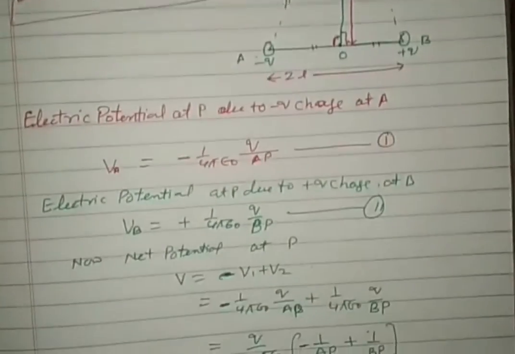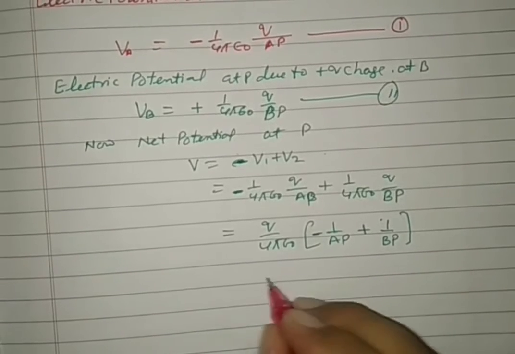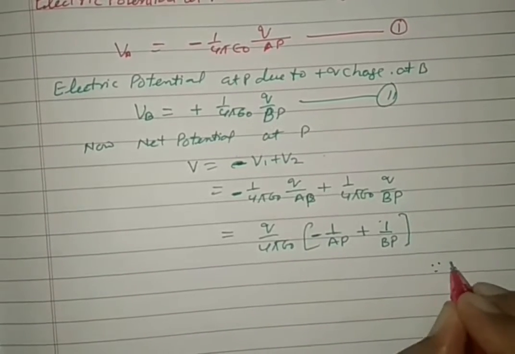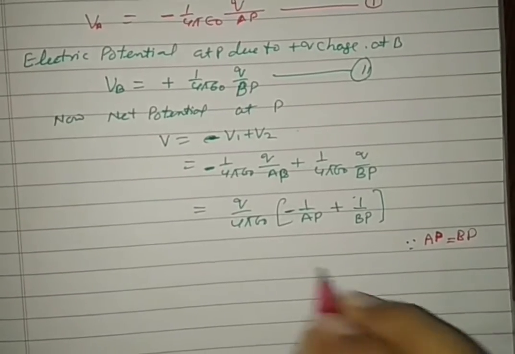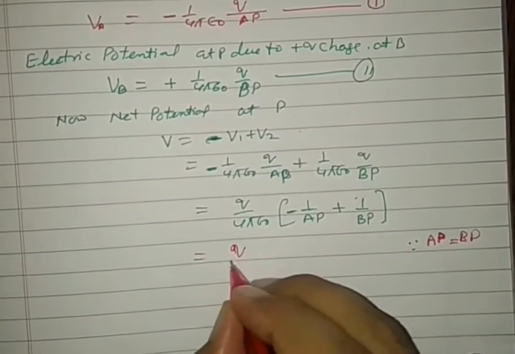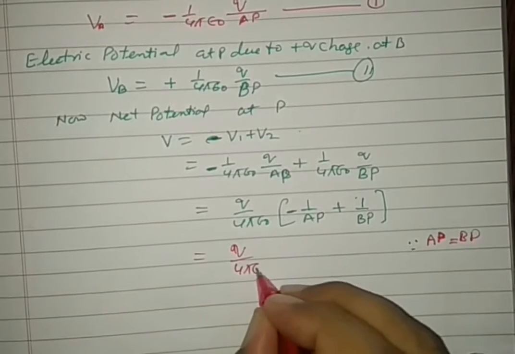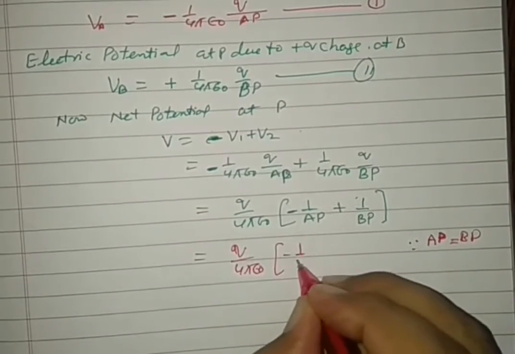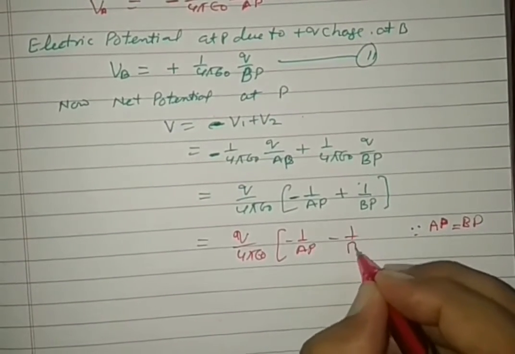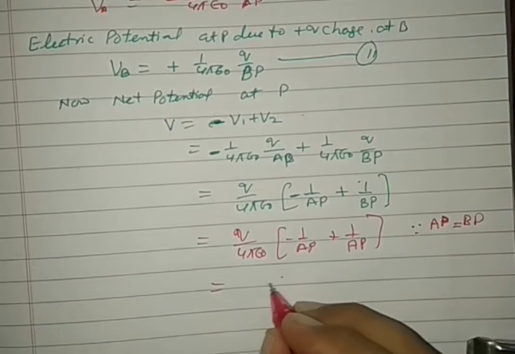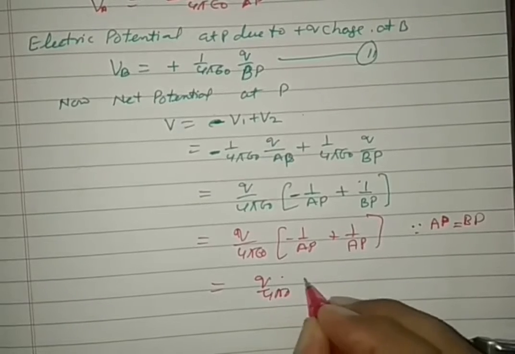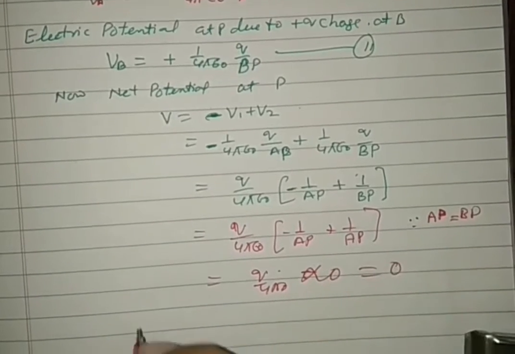Now, since AP is equal to BP, this becomes Q upon 4 pi epsilon 0 times 1 upon AP minus 1 upon AP, because both are equal, so it becomes Q upon 4 pi epsilon 0 times 0, which is equal to 0.